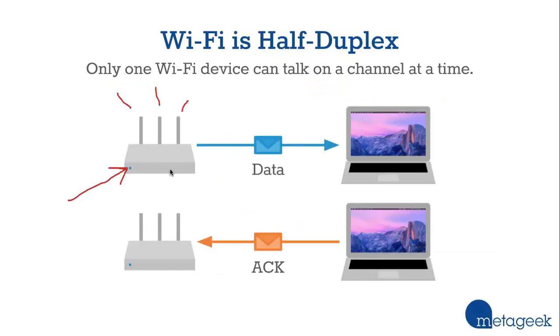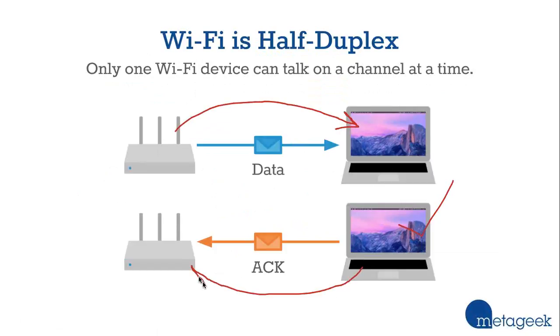It's going to do a clear channel assessment to see if anything is talking on that channel. And then when it gets a chance, it'll transmit that data to the device on the other side. In this case, let's say that there's a laptop and the laptop receives the data. The laptop is going to check that data to make sure that it understood it, and then it's going to reply with an ACK, or an acknowledgement. We just call it an ACK for short.